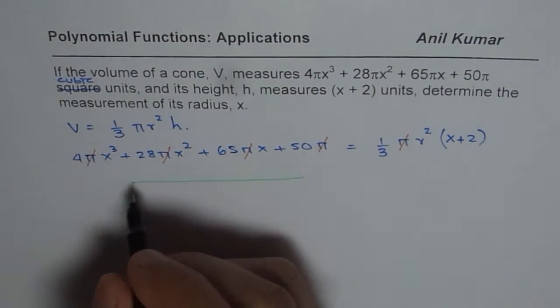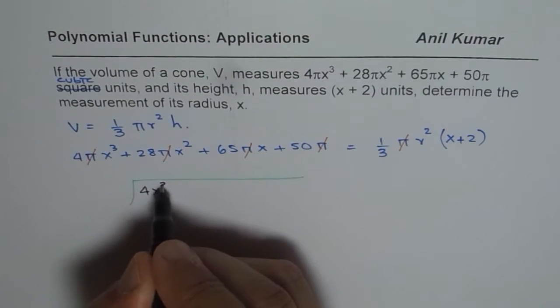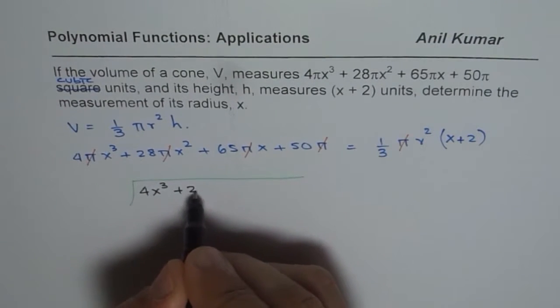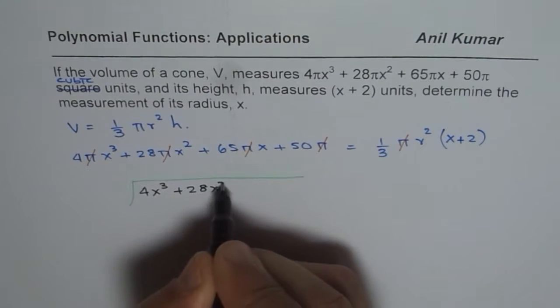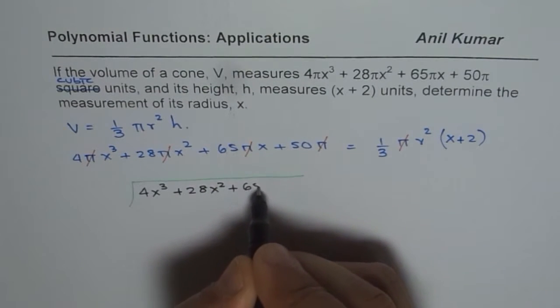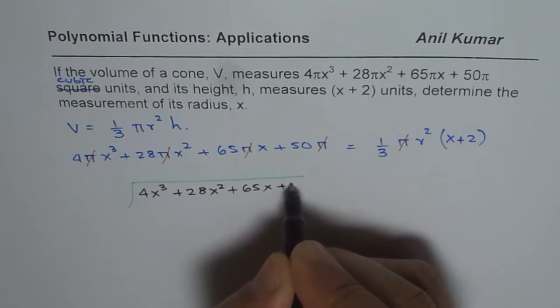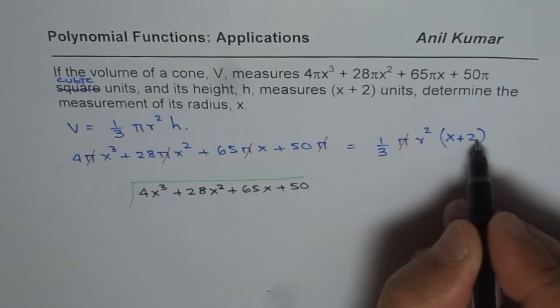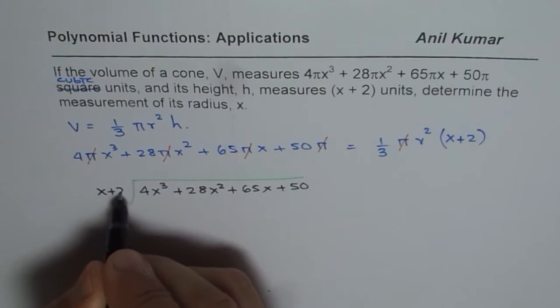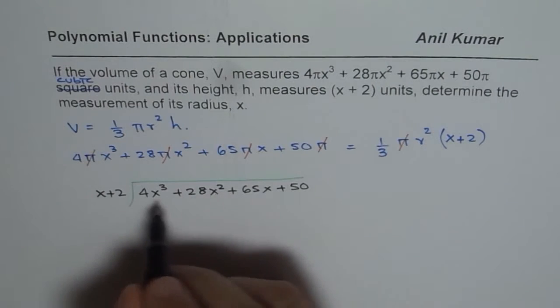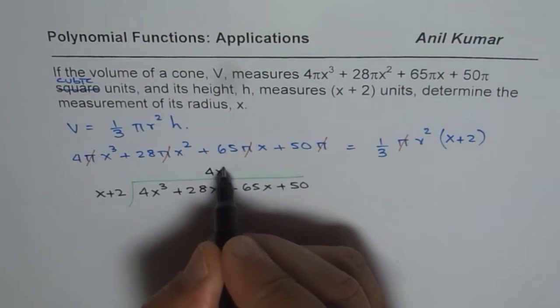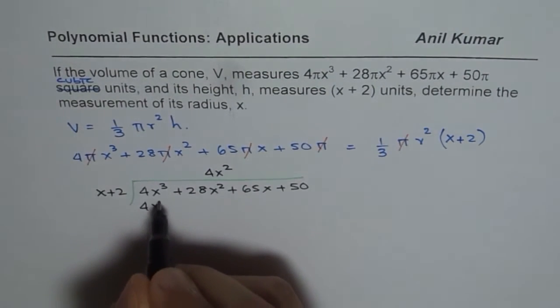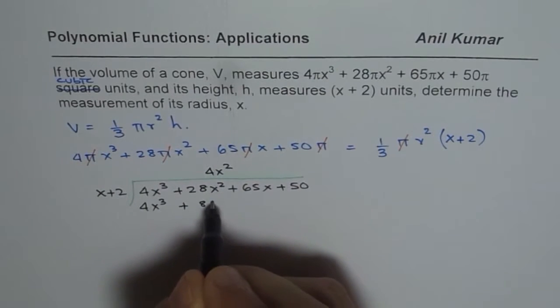So we have 4x cubed plus 28x squared plus 65x plus 50. We'll divide by x plus 2. So that goes 4 times x squared. So 4x cubed plus 8x squared.